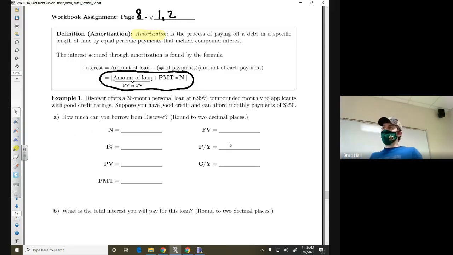So suppose you get approved for this personal loan and you can afford monthly payments of $250. So then the question is, using all that information, how much will Discover let you borrow? If you are approved for all of this and you can afford monthly payments of $250.